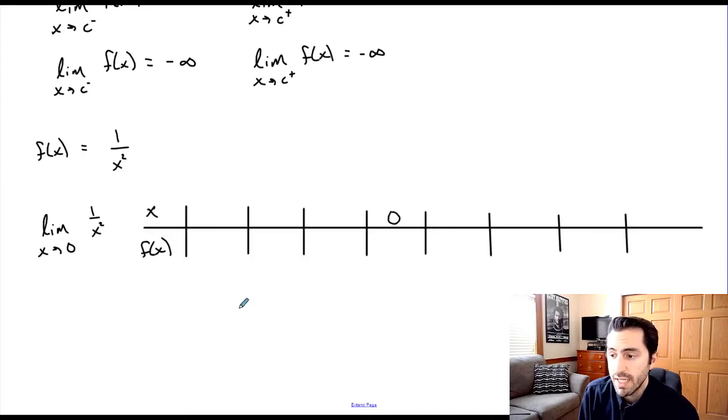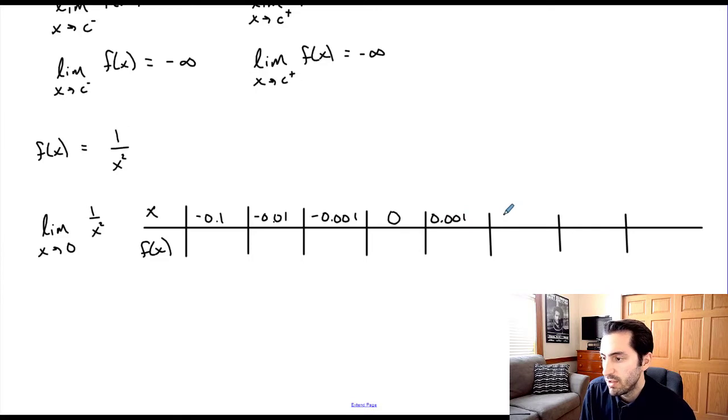And let's start by making a table of values to see what happens. Okay, so I have a table, and what I want to do is pick out values on either side of 0. I want these values to get closer and closer to 0. So maybe on the left-hand side, we'll start with negative 1/10, so negative 0.1. And then we'll get a little bit closer, and let's do negative 0.01. And then finally, to get even a little bit closer, negative 0.001. And why don't we do those same values on the other side, but we'll do the positive ones.